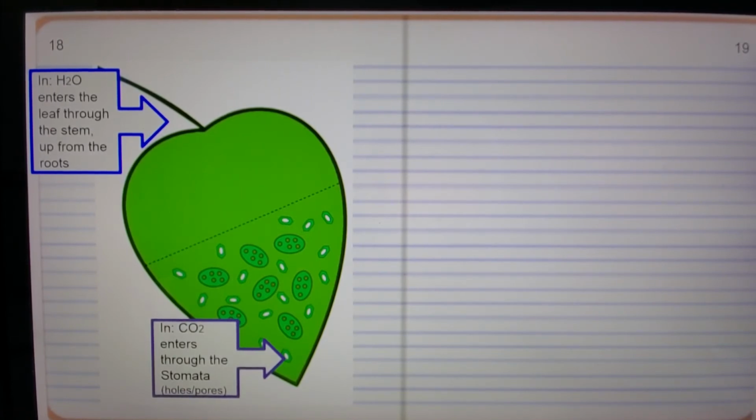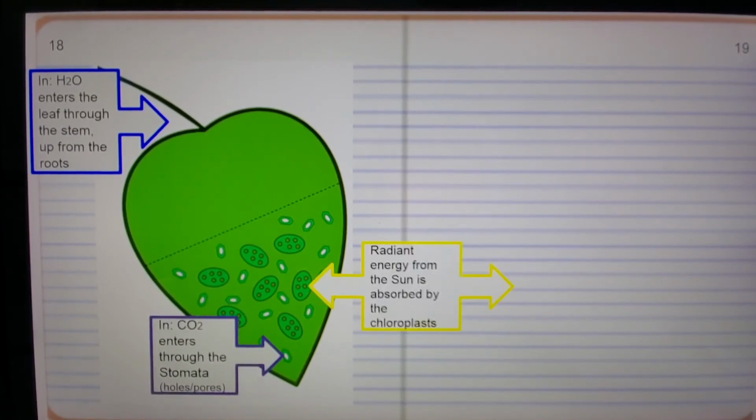The oils underneath your skin come out too, to keep your skin soft. They come out through those pores. Well, leaves have these pores as well, and they are found underneath the leaf. This is where carbon dioxide gas comes into the leaf, through the little stomata.